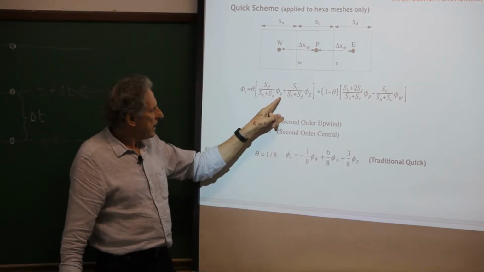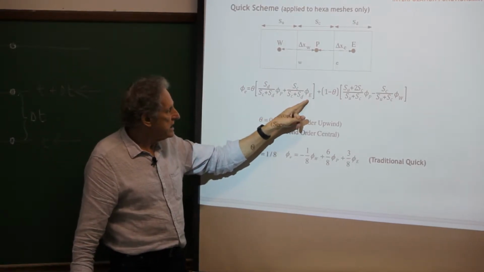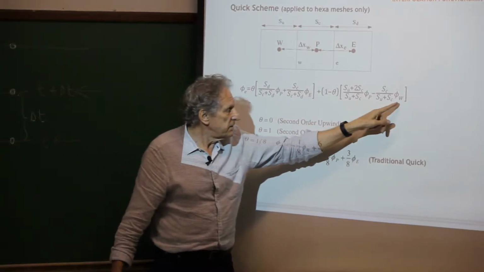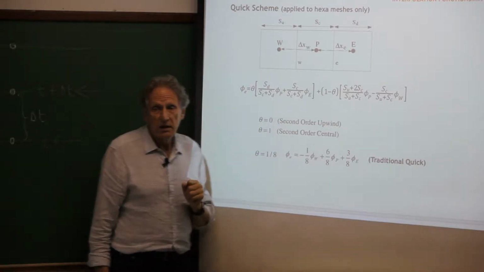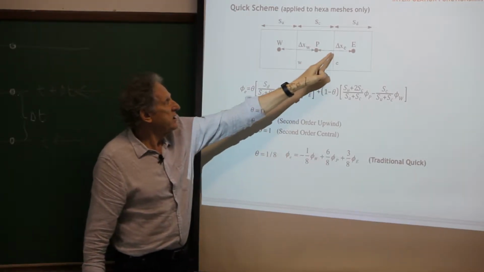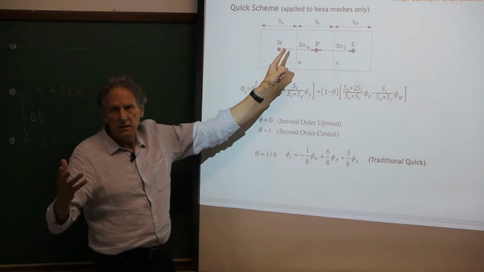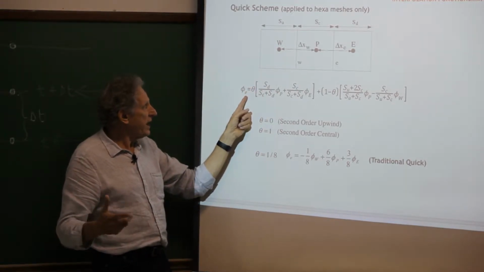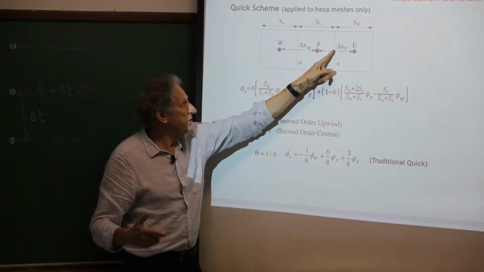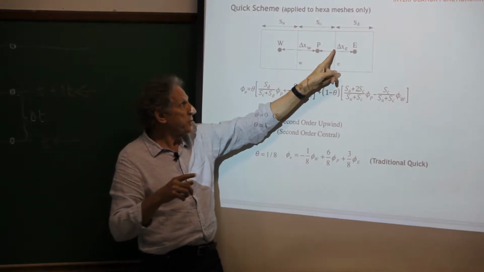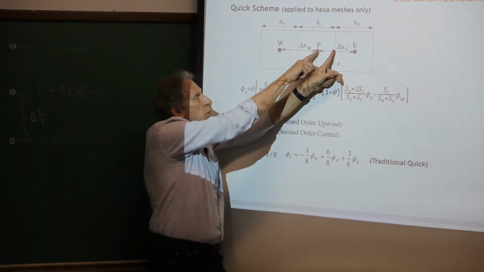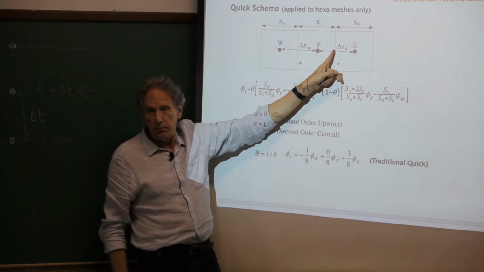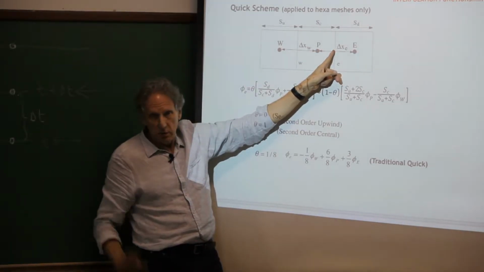See, you have phi in P, phi in E, phi in W. So it's using these three. And you are going to calculate, let's say here or there, doesn't matter. But here is expressed phi at this integration point. Phi at this integration point, if it were only upwind, would be phi in P only.